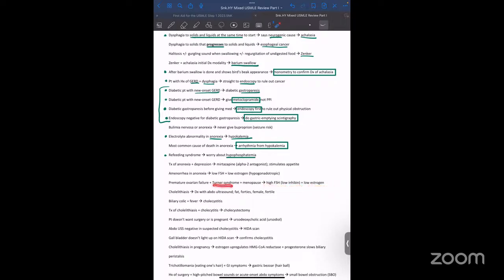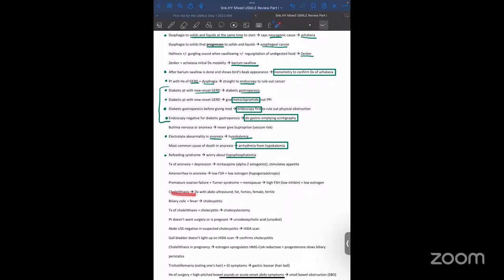So Turner syndrome has streak ovaries and premature ovarian failure, so premature menopause. Actually all these three conditions, POI or POF, Turner's and menopause, all have high FSH, low inhibin, low estrogen. Could easily be a narrow question.